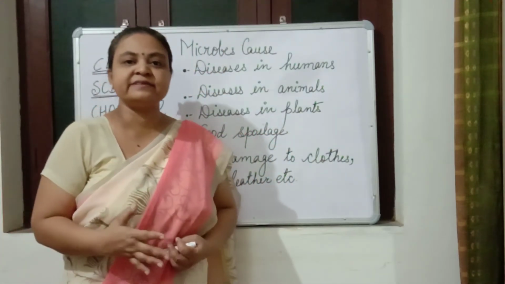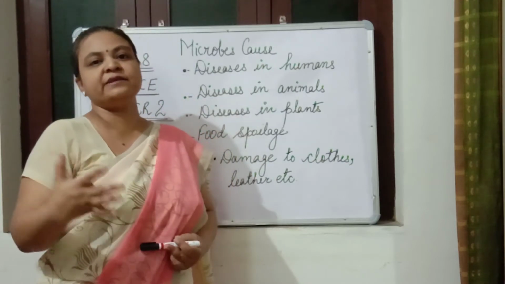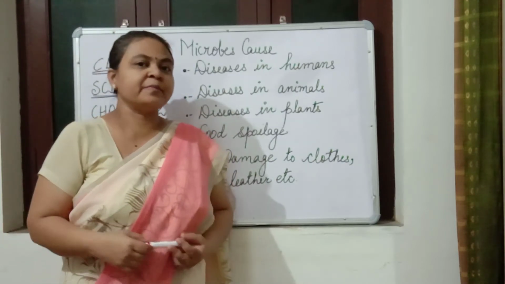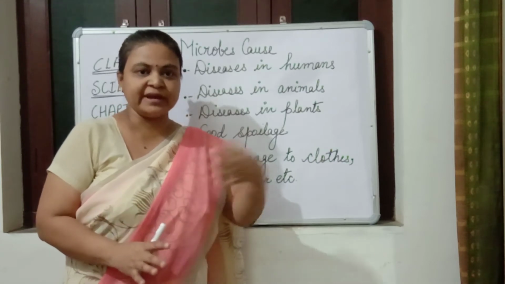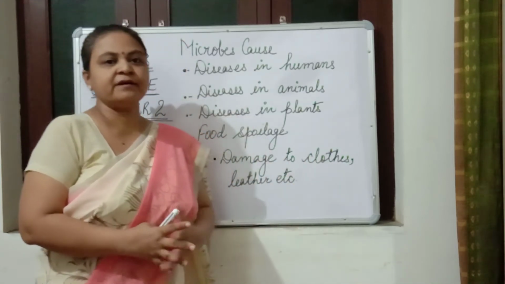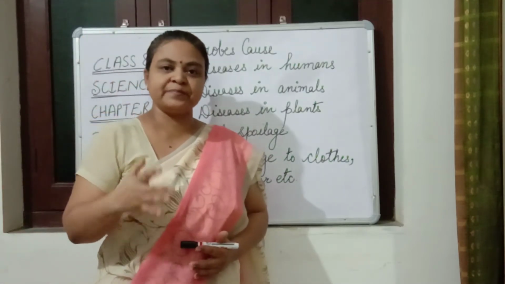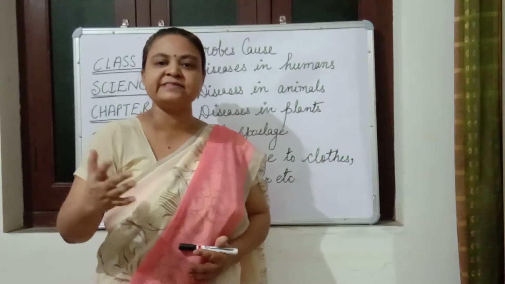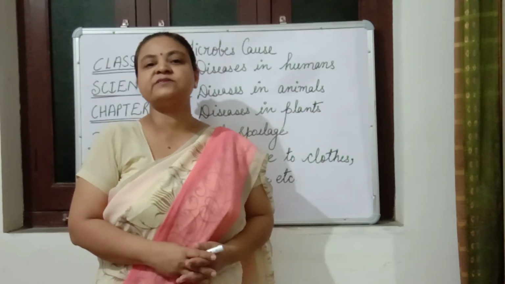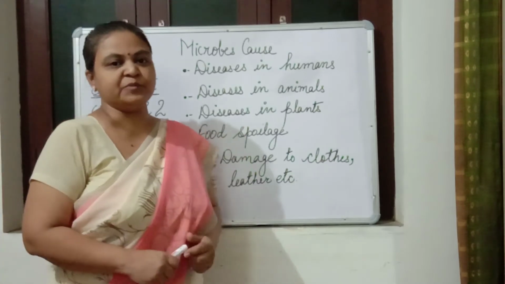This anthrax especially occurs in cattle as well as animals like sheep. This also used to get transferred to human beings, but nowadays it is mostly controlled. Then there is rinderpest, then foot rot. These are some of the diseases caused by microorganisms in animals.